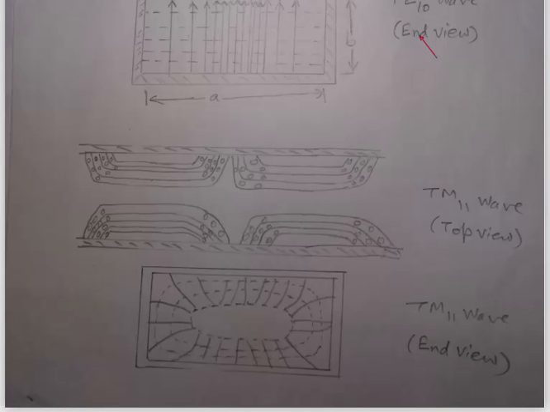In the end view, again the solid lines show the electric lines of force, while the closed dotted loops show the magnetic lines of force, and in the top view the electric lines of force are the solid lines, while the circles in between show the magnetic field lines, which are perpendicular to the electric lines of force.